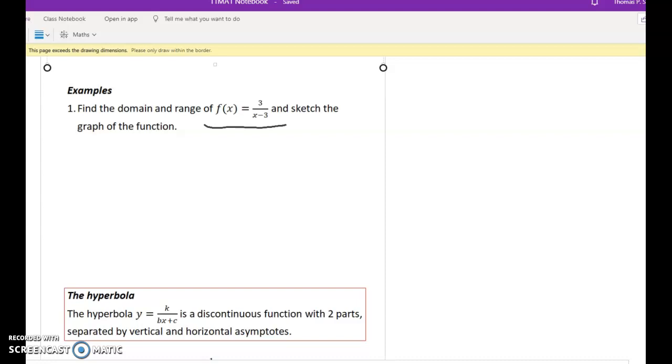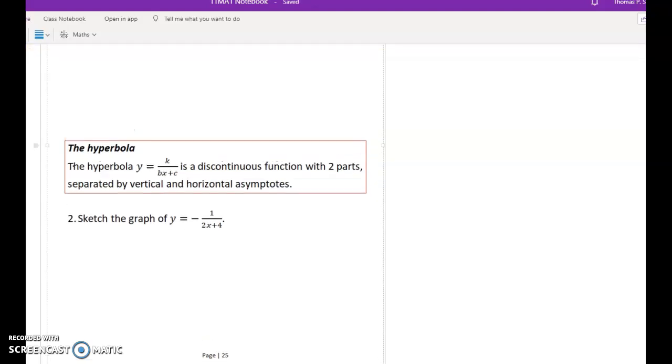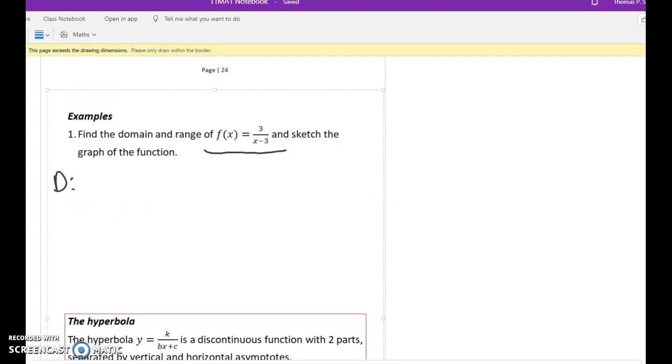So for the domain, we're going to have negative infinity up to 3, and not including it.